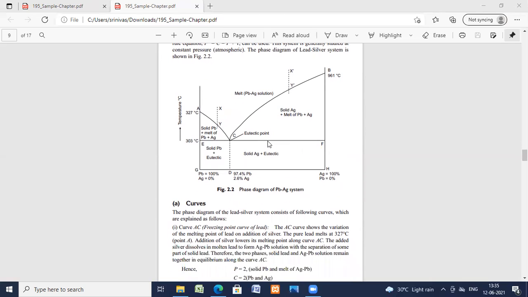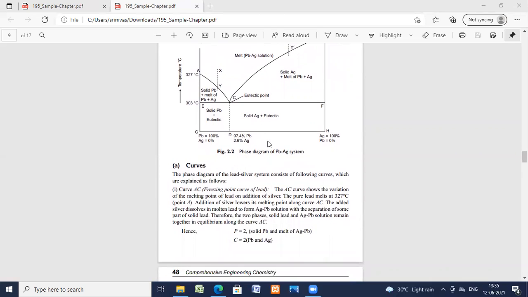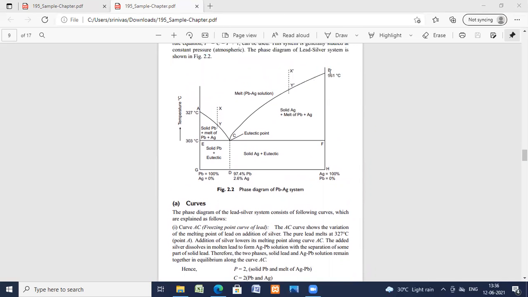Now we'll see P is equal to 2 phases for this AC, BC curve. Phases are 2. One is the melt, the other one is solid Ag. C is 2, Pb and Ag.